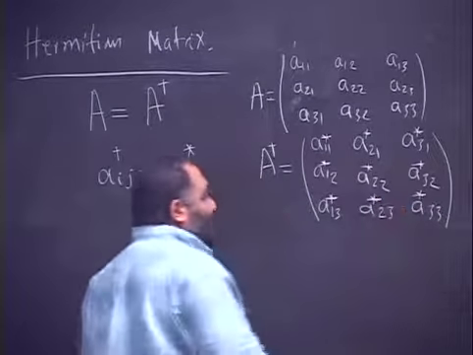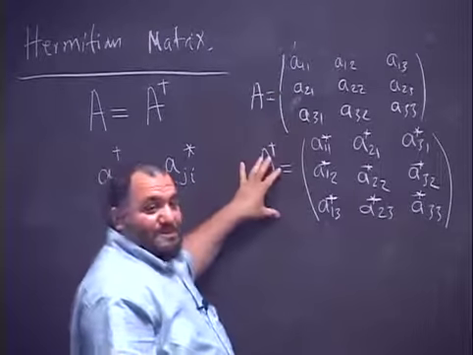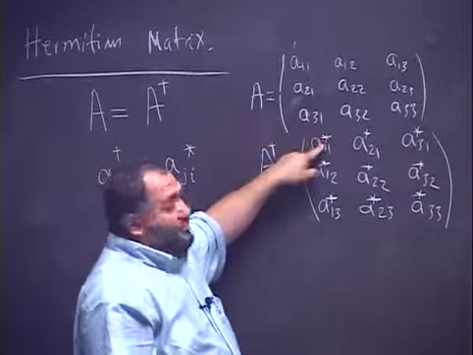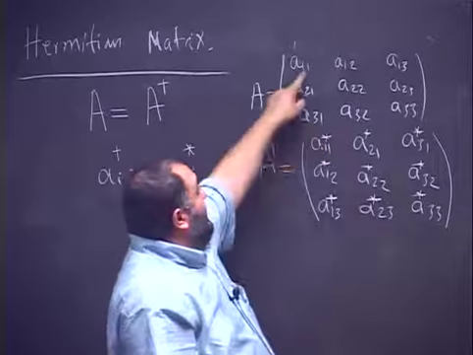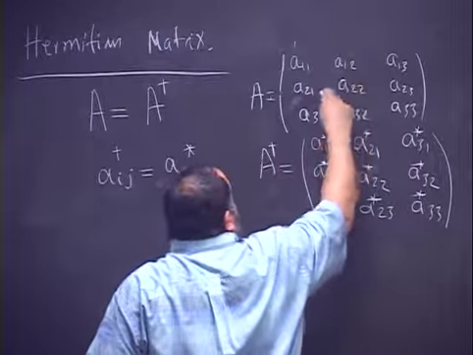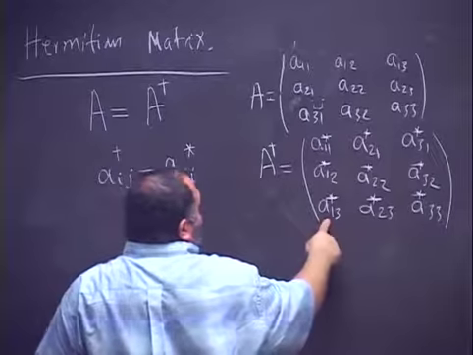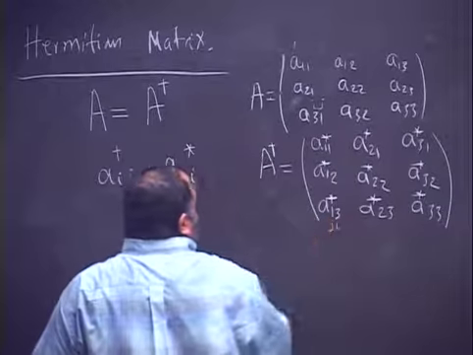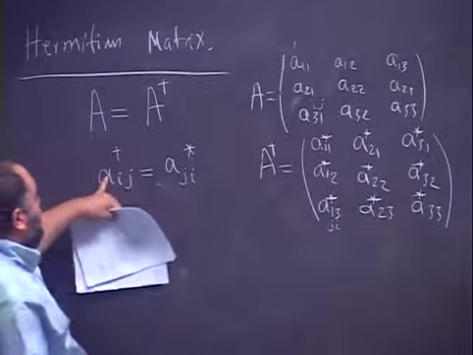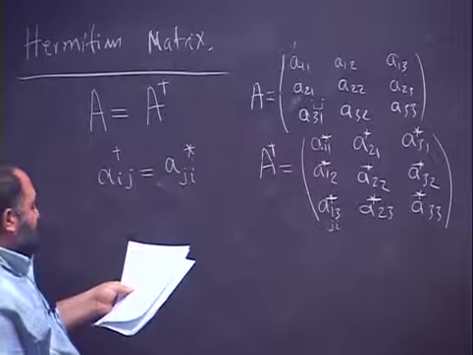Yes, guys? If I tell you now that those two matrices are the same, what does it mean that two matrices are equal? This one is equal to this one. So Aij is equal to Aji star. So Aij is equal to the complex conjugate of Aji for this matrix.